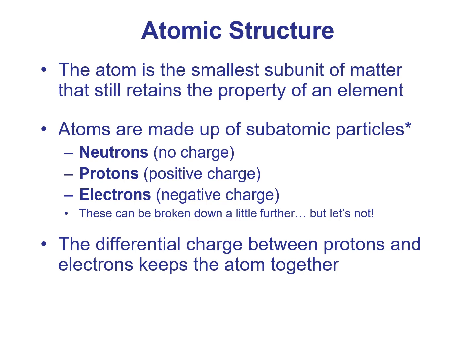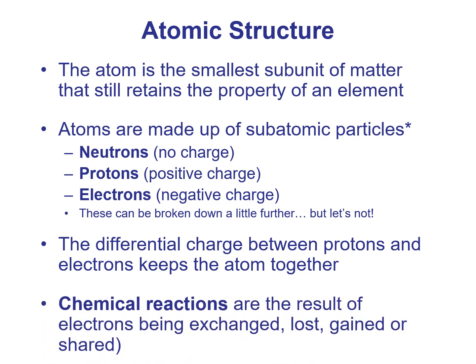So opposites attract. Chemical reactions occur when electrons are exchanged between atoms or between molecules. So electrons can be lost, they can be gained, or they can be shared between two atoms.